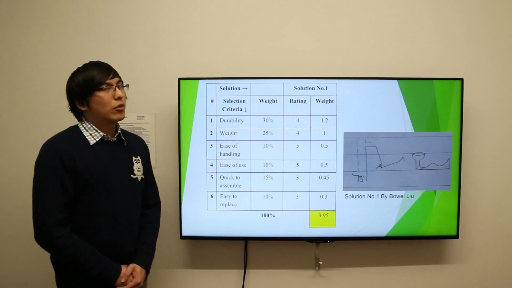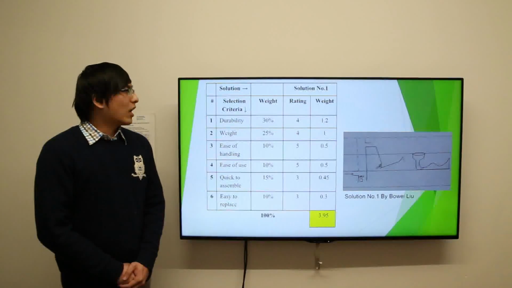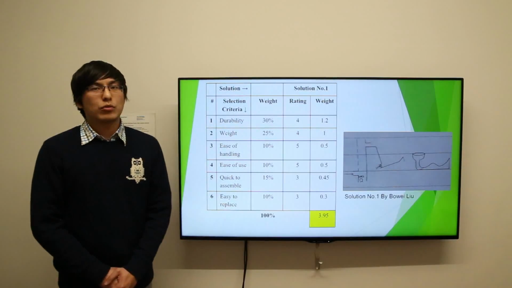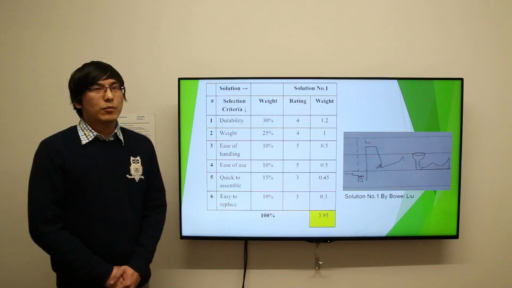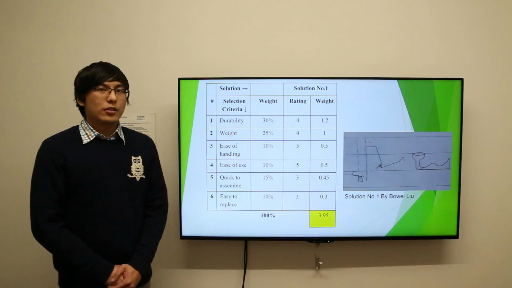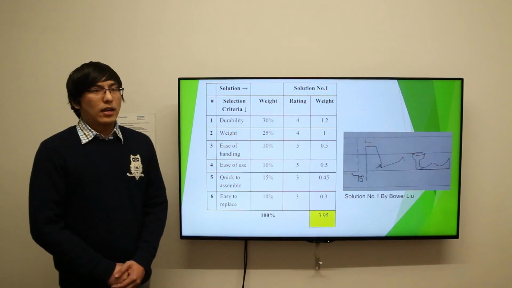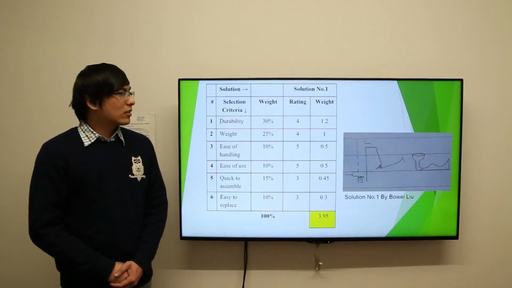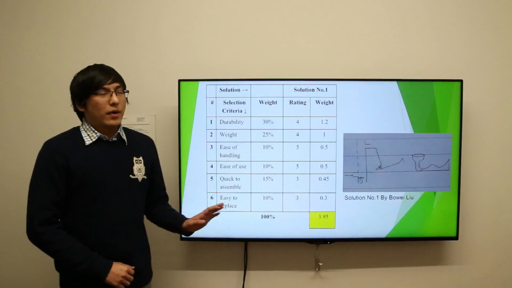So we want our product to be as reliable as possible. We want it to last a long time, so after a few years, maybe the product has some upgrade and the owner can just throw away the old one and buy a new one.